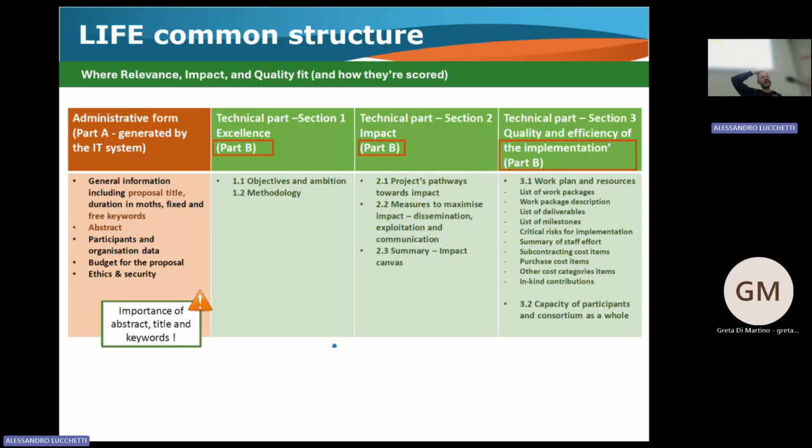Let's say if you have an idea, you have to report it in the part B, which is divided in three main parts: the excellence, the impact, and the quality of the implementation.